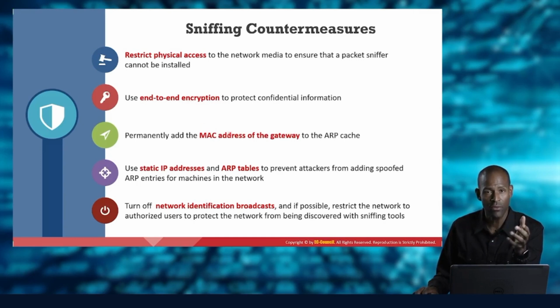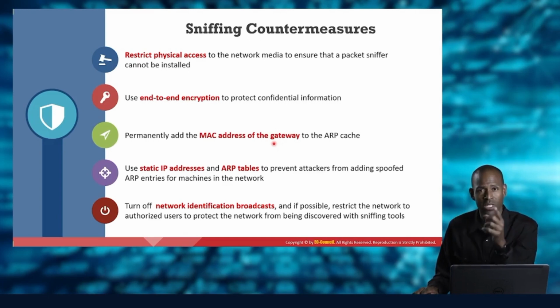So if you see 192.168.0.1 in your ARP table with a MAC address and it says dynamic, or you see 192.168.1.1 in your ARP table with a MAC address, because you're doing this from home, those are two common addresses for gateways.